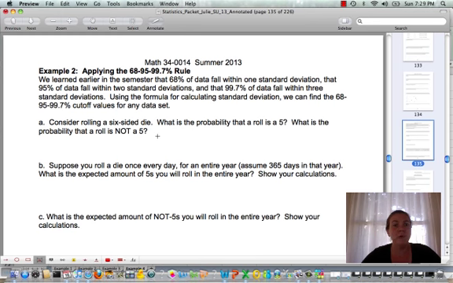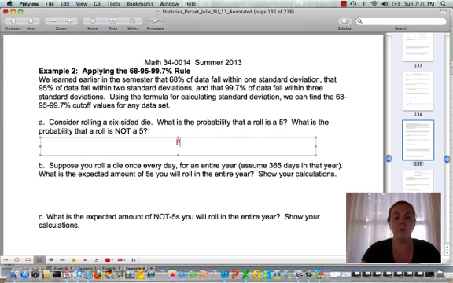So let's consider rolling a six-sided die. What's the probability that the roll is a 5? And what is the probability that the roll is not a 5? So the probability of rolling a 5 is 1 out of 6, or as a decimal we could put 0.1666666 or round it to 0.167.